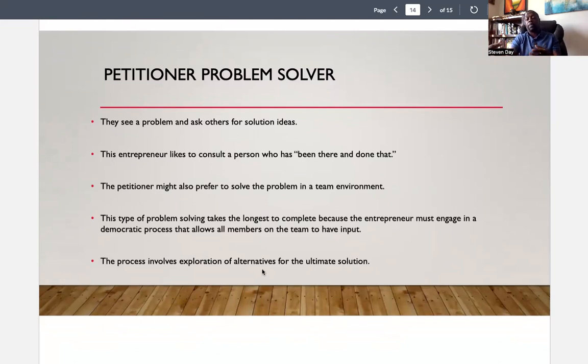So these are the type of individuals that instead of moving off of instinct, they would go to professionals or experts, have some type of meeting so they can get with the experts for advice or the solutions that they can come up with. So this type of problem solving takes the longest to complete because the entrepreneur must engage in a democratic process that allows all members on the team to have an input.